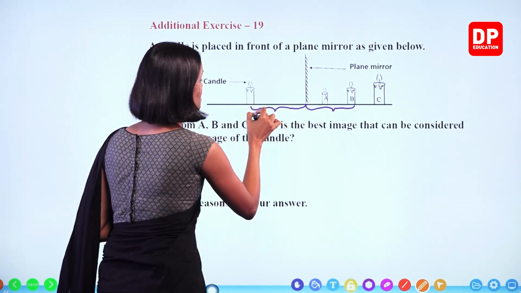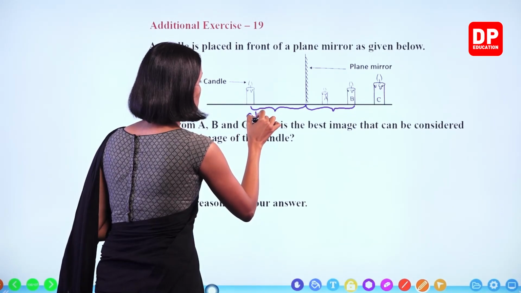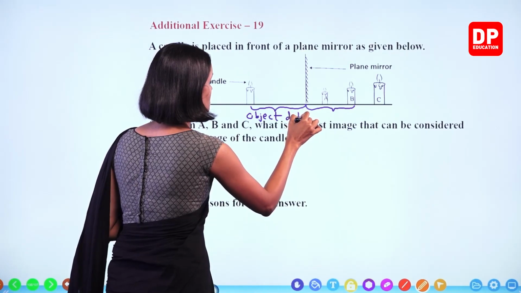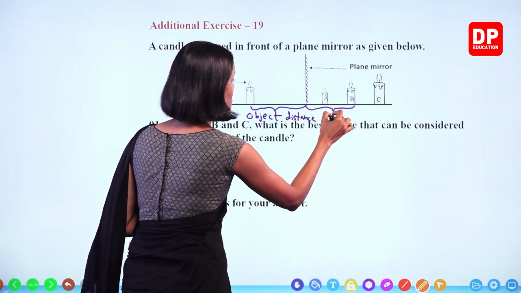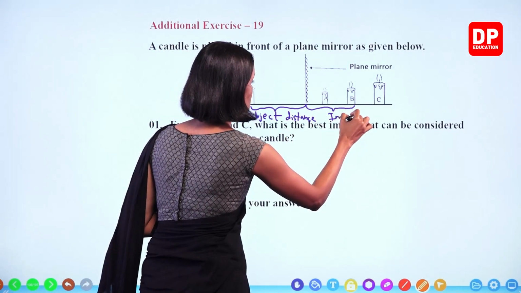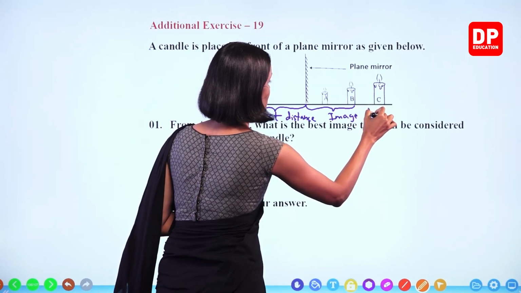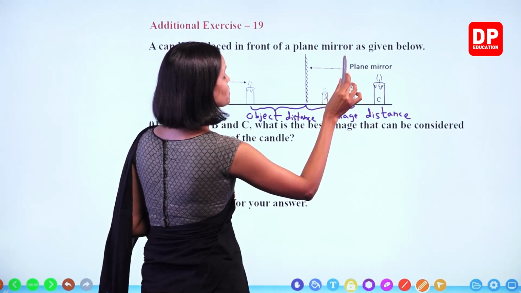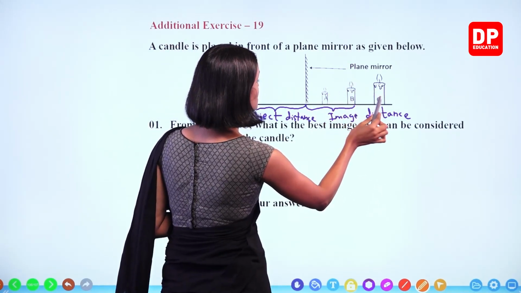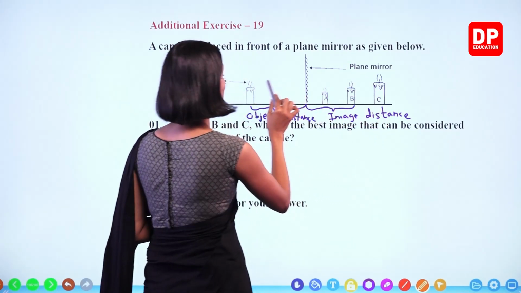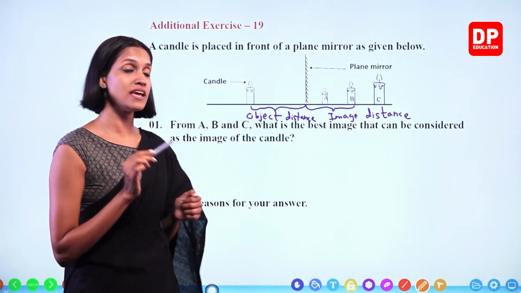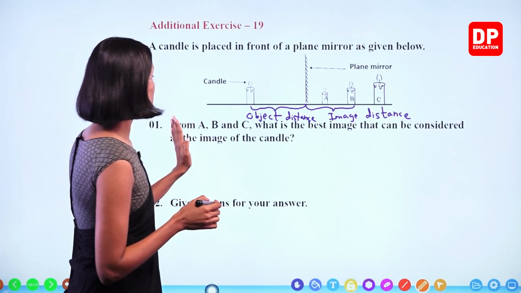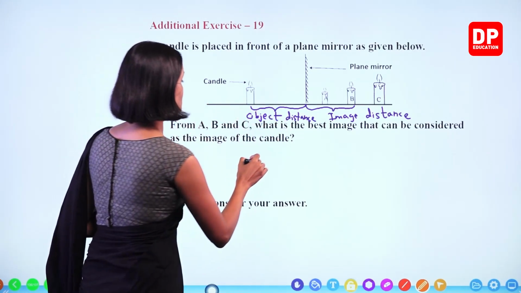This is called the object distance. This is called the image distance. Right? So when you consider this image distance, it is higher than that of this object distance. Therefore, what is the best image that can be considered as the image of the candle? That is B.